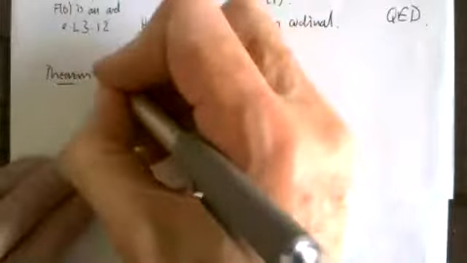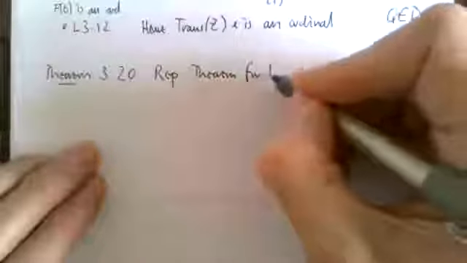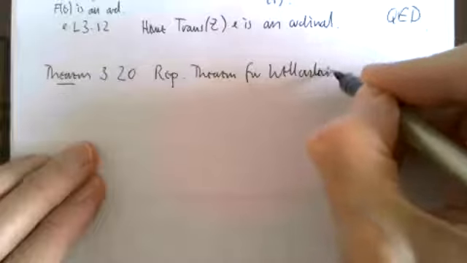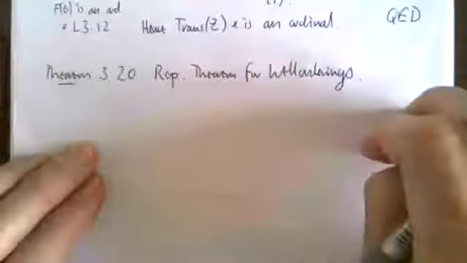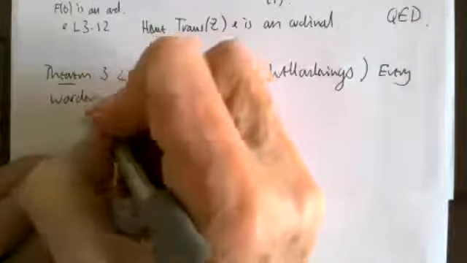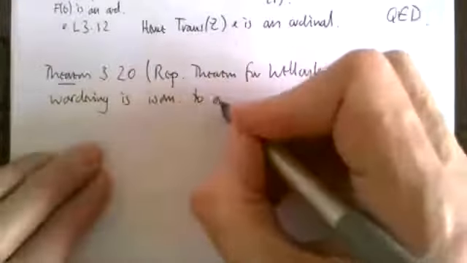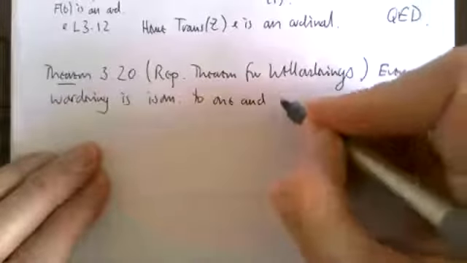So representation theorem. So this is 3.20. Representation theorem for well orderings. So every well ordering is isomorphic to an ordinal, and a unique ordinal.